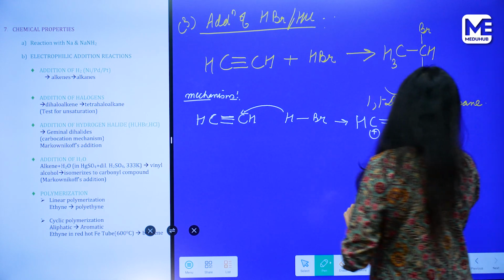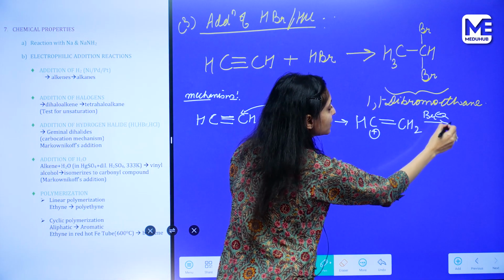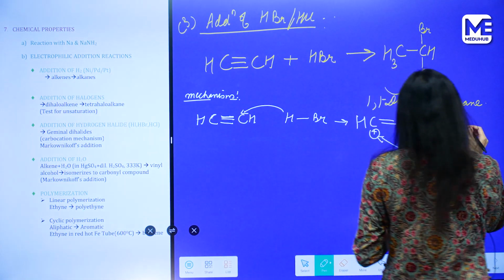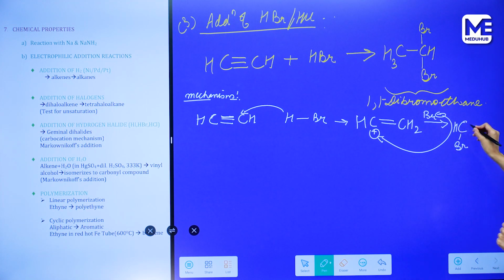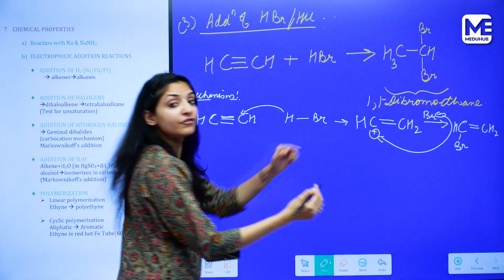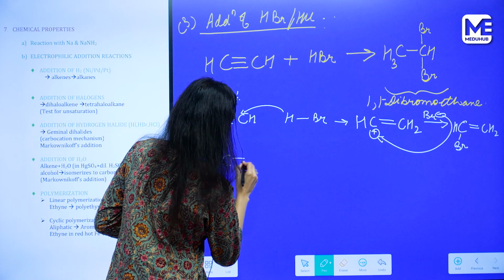Now Br minus will attack here to give us CHBr double bond CH2.